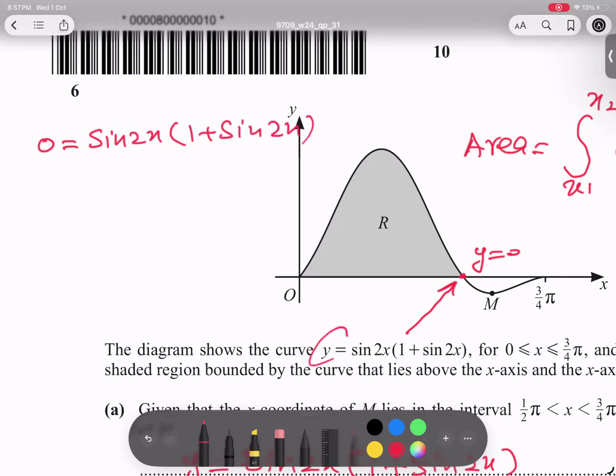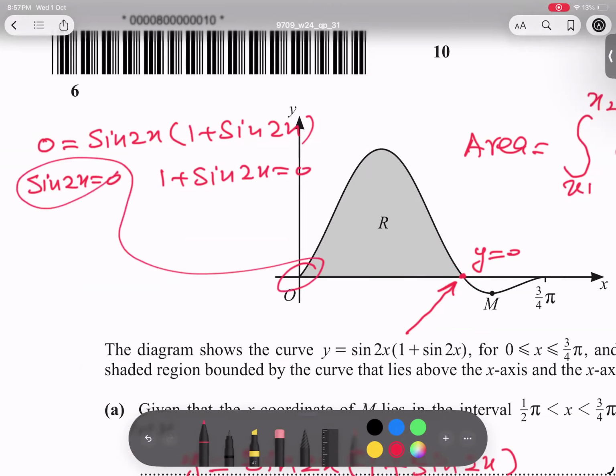So I kept y as 0, but again we have two options. This is 0 or this is 0. So sine double x is equal to 0, one possibility. And the second is 1 plus sine double x is equal to 0, second possibility. Again, we have two options, y is 0 here, y is 0 here. So this answer will come from here, and this answer will come from here.